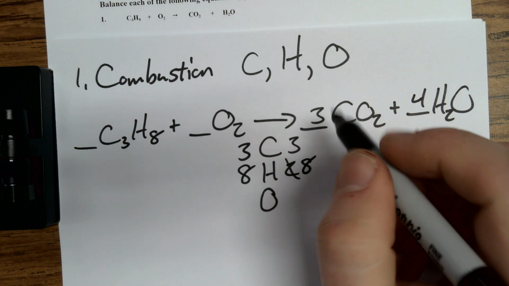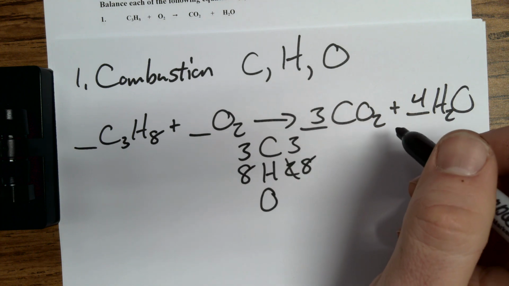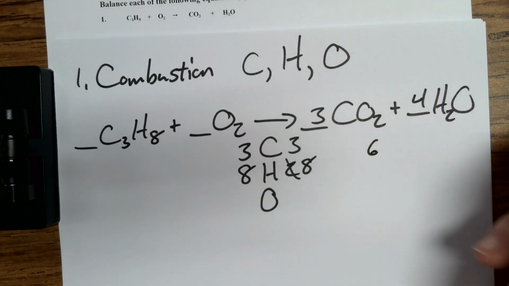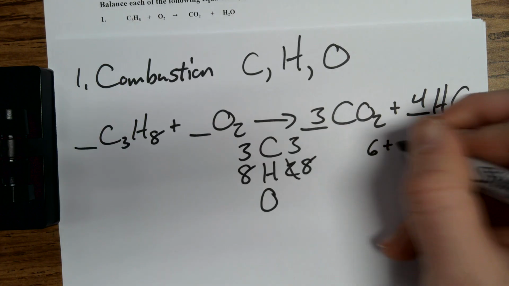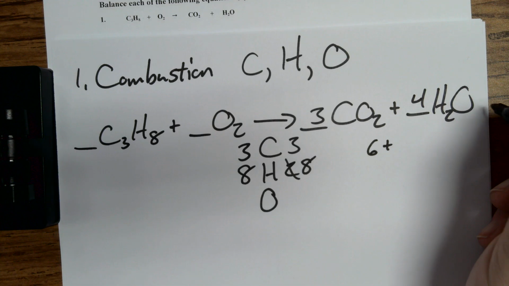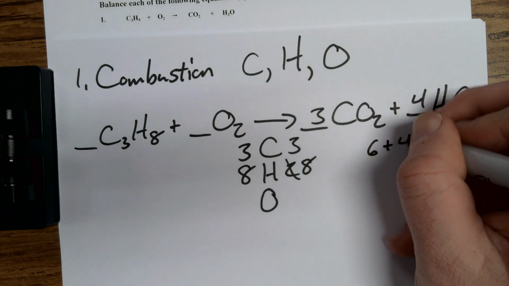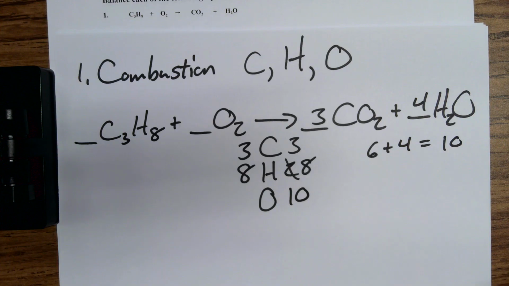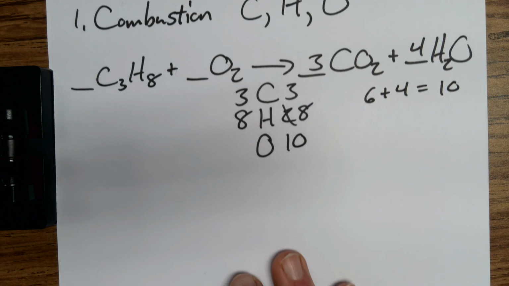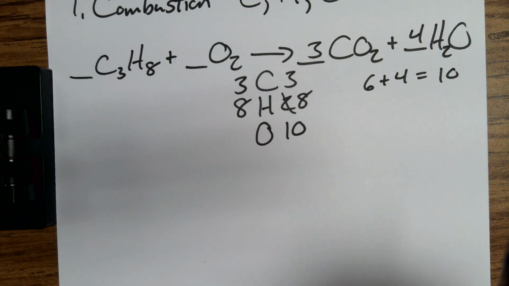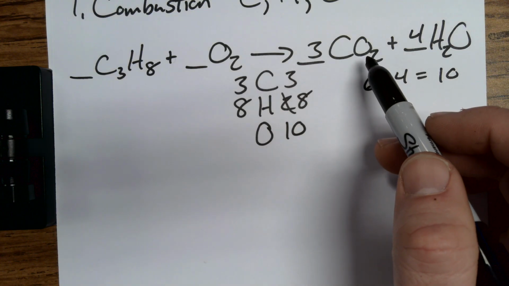Now, I have 2 spots of oxygen. 3 times 2 oxygen gives me 6 oxygen. Plus 4 times 1 oxygen gives me how many oxygens? 4 as well. So I have a total of 10 oxygens on one side. Do I have oxygens here in carbon dioxide?